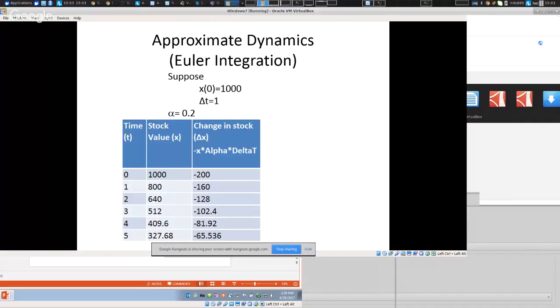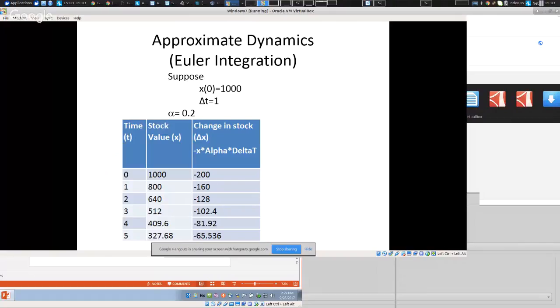Let's imagine we were to do what's called integration, which is really simulating a system dynamics model, taking it step by step. We consider time 0. Let's consider a case where we have alpha equal 0.2 and x, the initial value of the stock, being 1,000, and we're considering steps of time delta t.